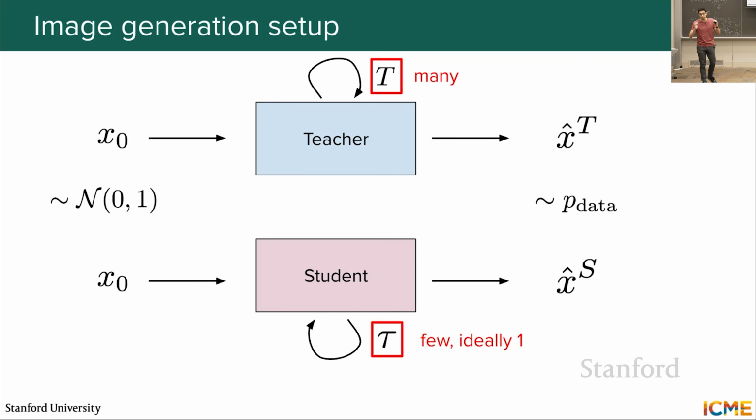You might remember from the first lecture that, for example, in diffusion, you have, let's say, 1,000 steps. Similarly, in the flow matching setting that Afshine mentioned, you typically have more than one step. And you would want to make it one, so that just a single pass gives you what you want.